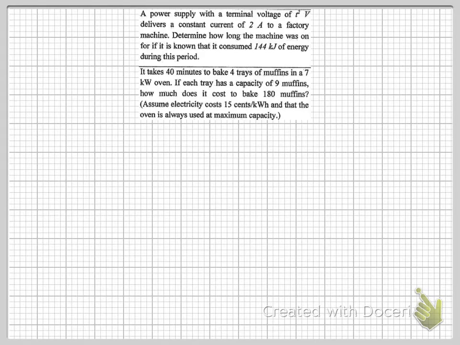Our first question: you have a power supply with a terminal voltage of T squared V, and it delivers a constant current of 2 amps to a factory machine.